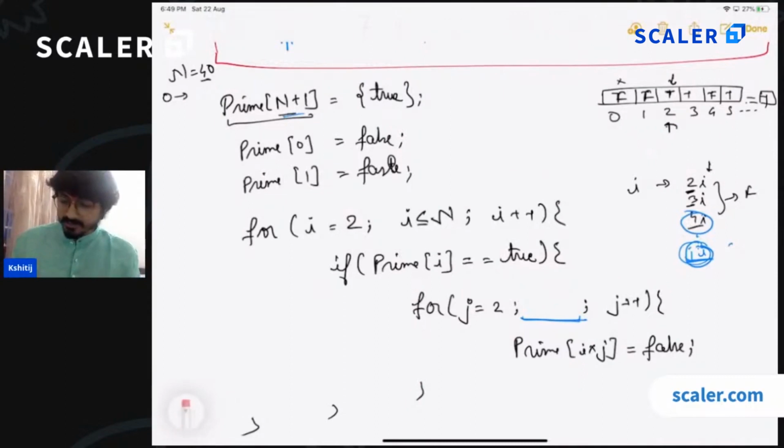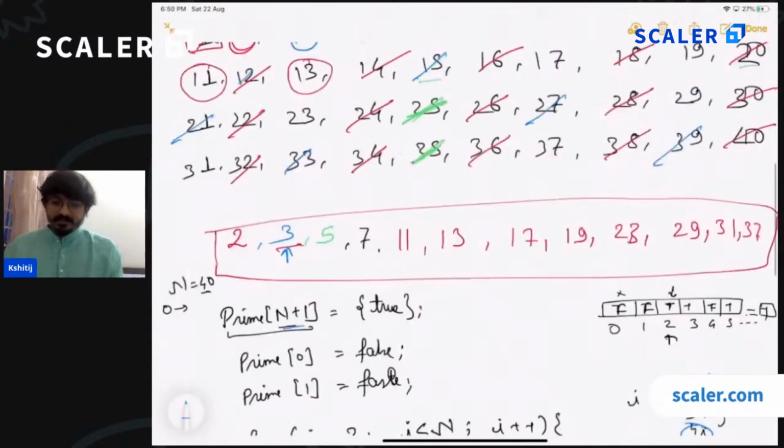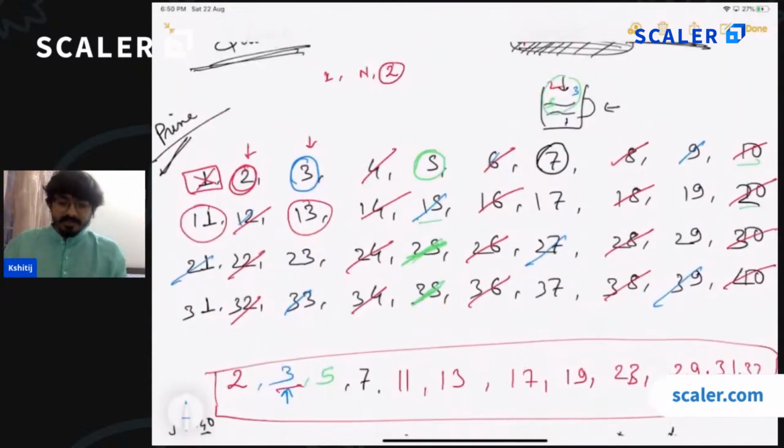So here what we'll have is j into i is less than or equal to n, okay? Because if you see in this list, when you select i equal to 2, then j starts from 2.